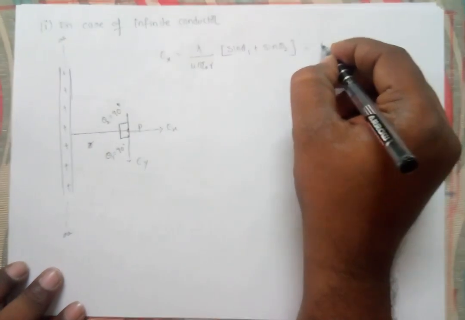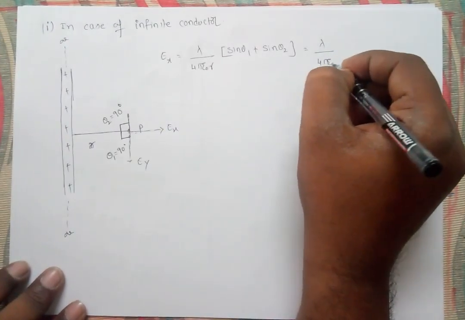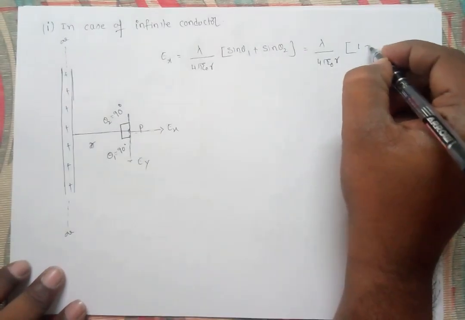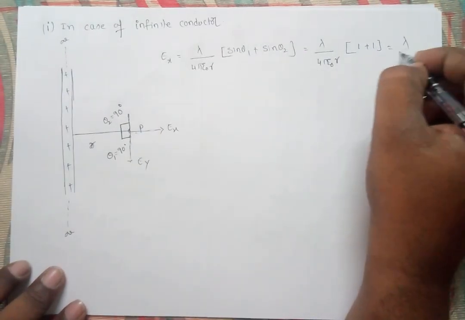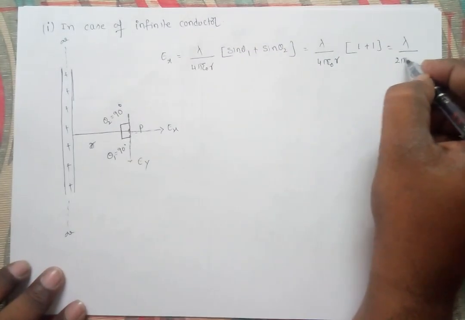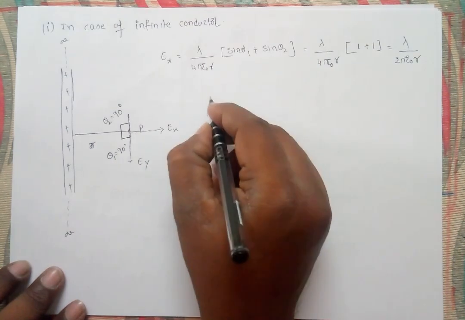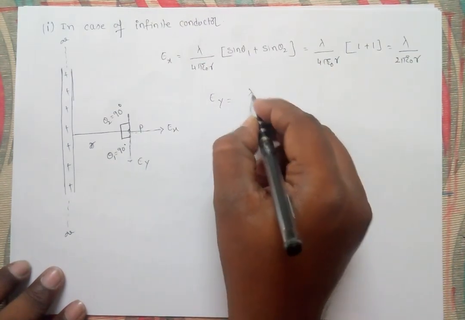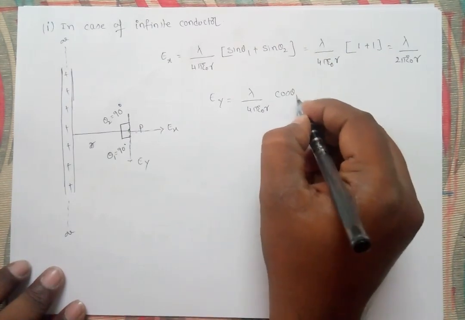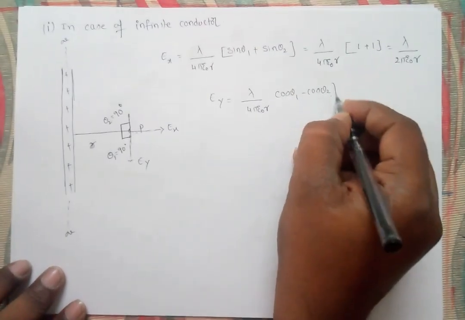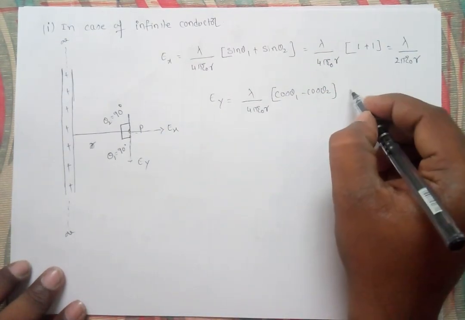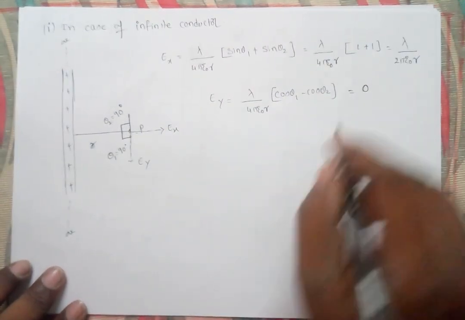So sine 90 plus sine 90 is 1 plus 1, which is 2, and with the 4 the 2 cancels, giving lambda by 2 pi epsilon naught r. And along Ey, we have lambda by 4 pi epsilon naught r into (cos theta 1 minus cos theta 2), but cos 90 minus cos 90 is 0, so it will be 0.